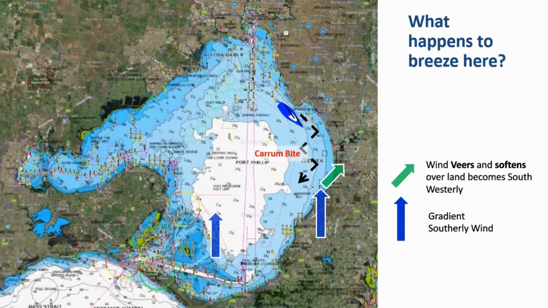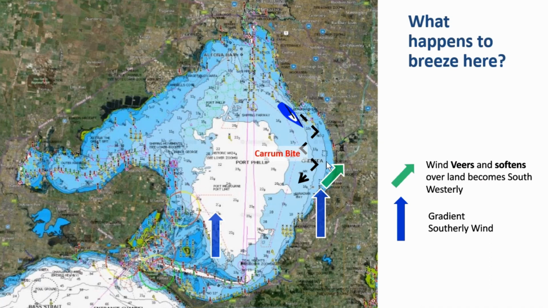So as you tack on this direction here, as you come in closer to the shore, this wind actually allows you to point up more and more as you get closer to the shore, which all seems very, very nice.